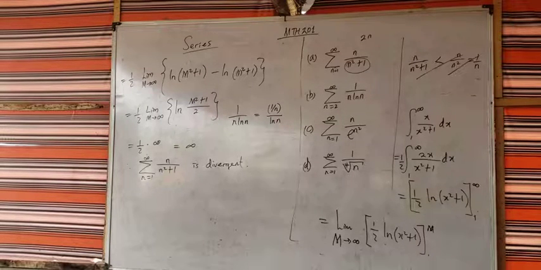This zero is minus infinity. So what happened? On one side it's not a real number. What did you get? Infinity plus infinity. That's infinity now. So our answer means it's divergent.